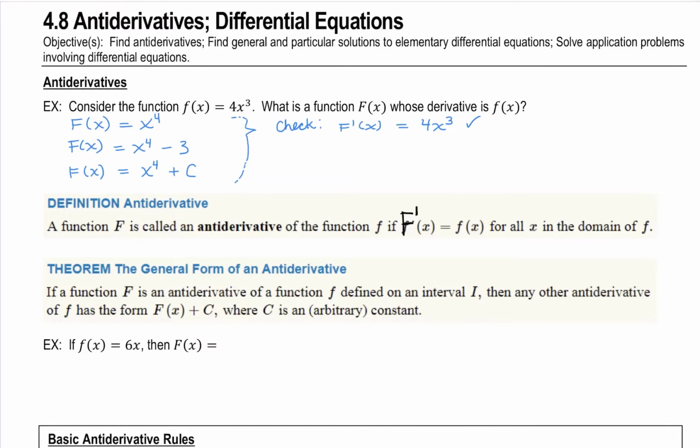So if when you take the derivative of capital F, you get back to lowercase f, then capital F is called the antiderivative of lowercase f. And then if you have this whole family of antiderivatives, the plus c, that's what we call the general form.